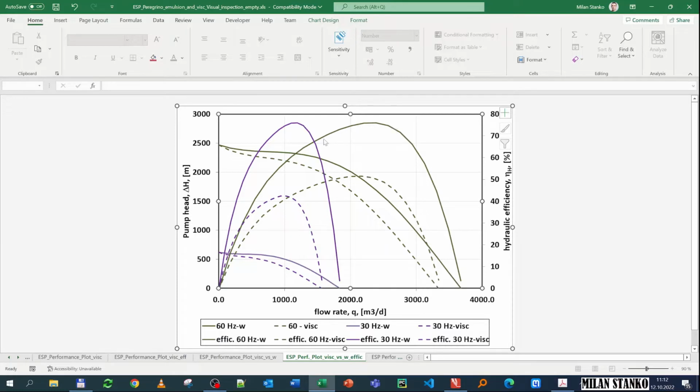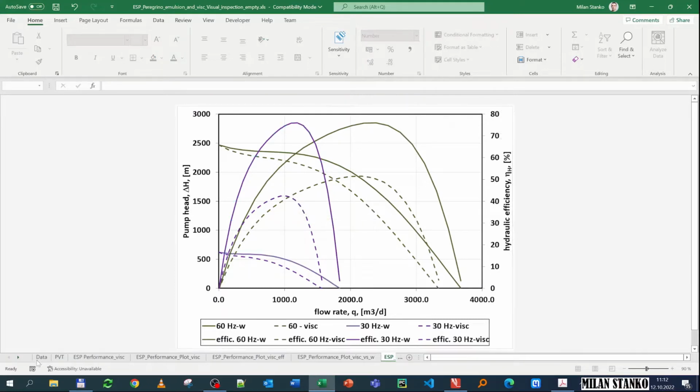Here for 60 hertz, this is for water, and this is for 60 hertz, but now for viscous oil. You see how the values of efficiency are reduced dramatically due to pumping highly viscous crude, and also for 30 hertz, the efficiency is reduced dramatically with viscosity.